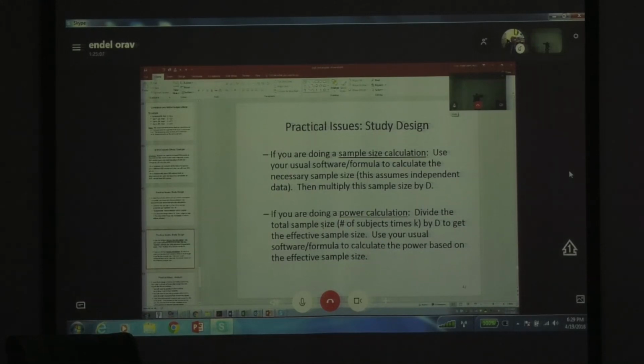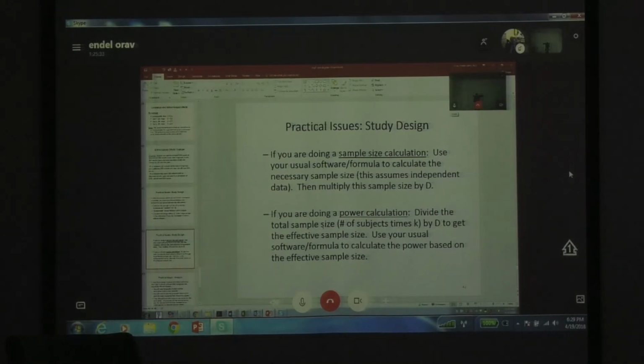Okay. But when you entered it in the software, did you use the correlated measure or the independent? No. I just used the numbers you told me. 4 for the mean difference, S of 4, 80% power, alpha of 0.05. I didn't tell the program that they were correlated because most programs don't allow that. And most formulas you look up in a book don't allow that.